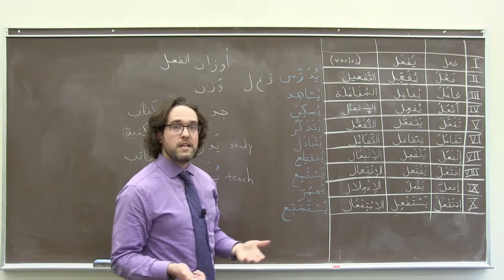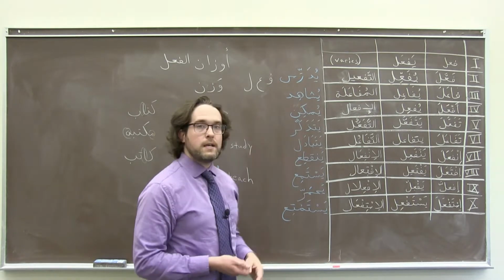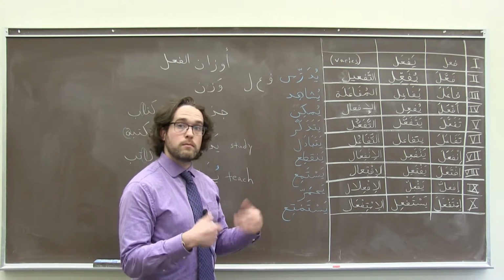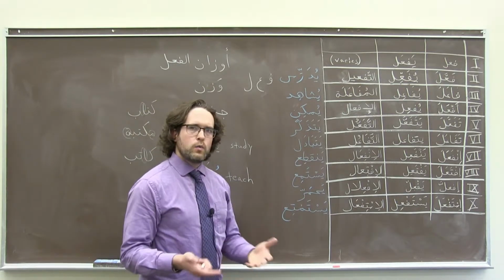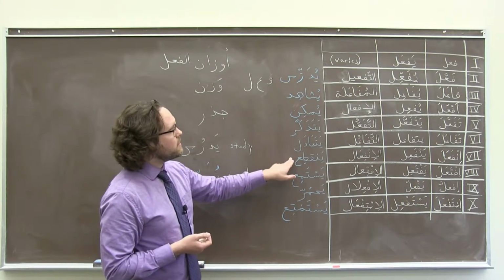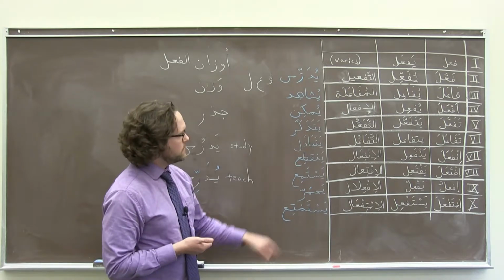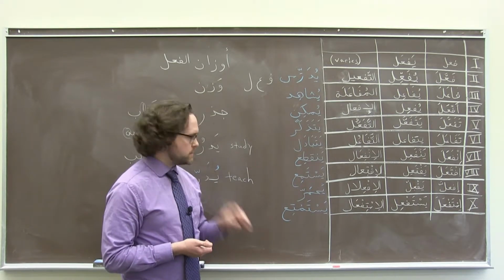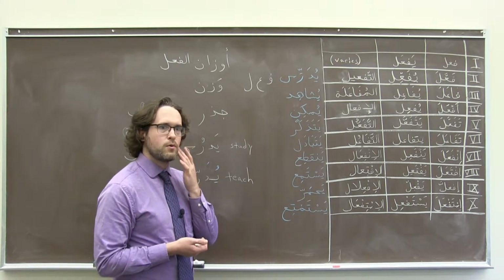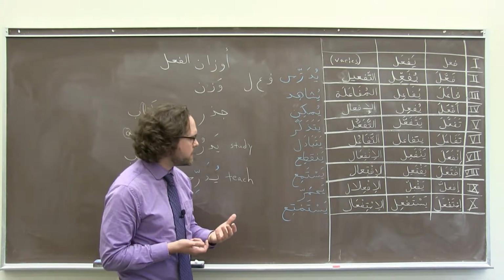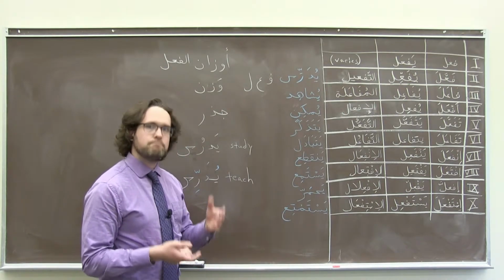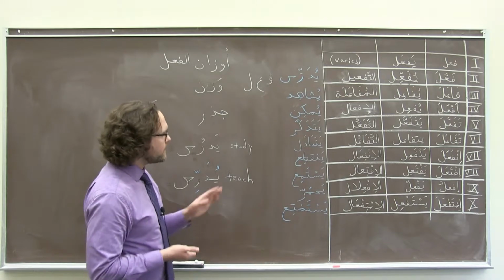Yushahid, meaning to watch or view. Yumkin, meaning to be possible. Yatadhakkar, which means to remember. Yatabadal, which means to exchange back and forth with each other. Yanqata'a, to be cut off. Yastami'a, to listen. Yahmar, which means to turn red, like if you get a sunburn or if you are a tomato ripening on the vine. Or yastamti'a, form 10, to enjoy something.